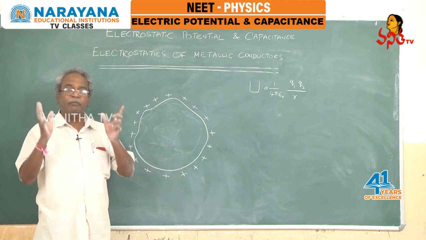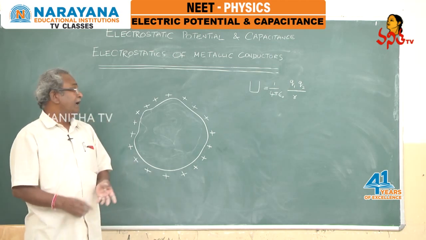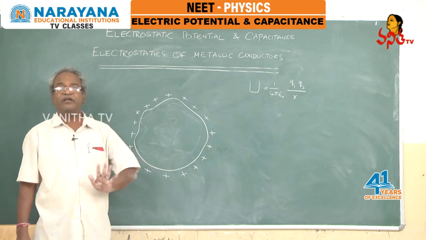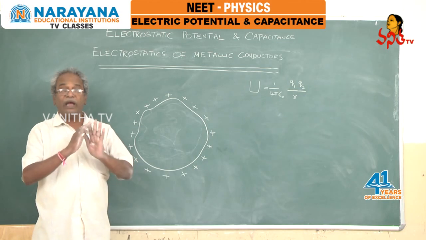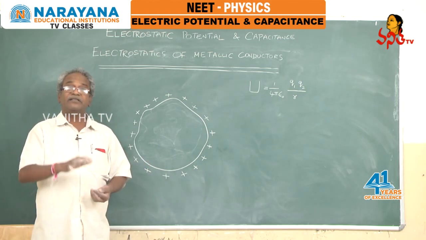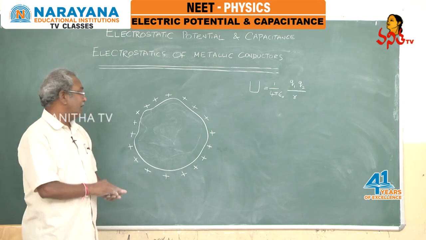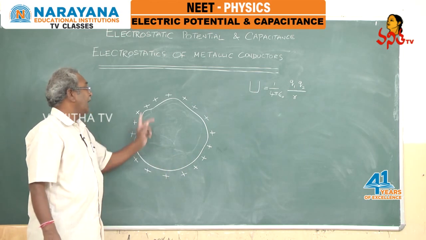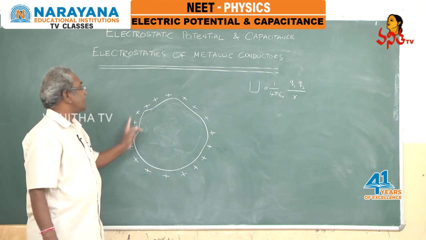That is, under static conditions, where we are discussing no electric current and charges are at rest, whichever electric charge is given to the conductor will reside on the outer surface only.